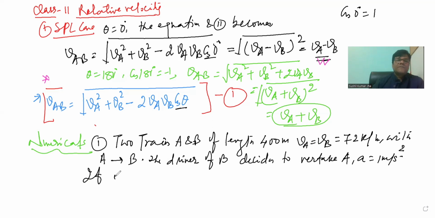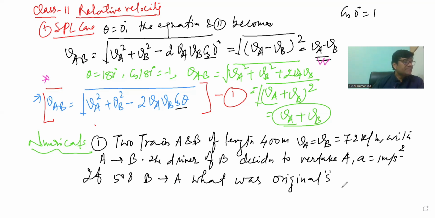So if after 50 seconds B crosses A, then what was the original distance S between them, means between A and B, right? इसको हमने कैसे करना है?